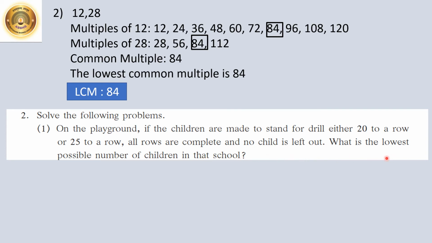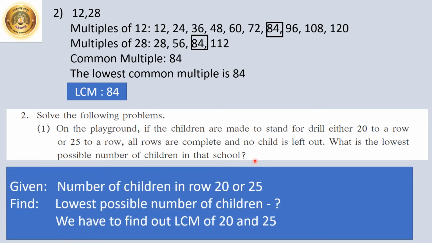What is the lowest possible number of children in that school? So students, what is given in the word problem? Number of children in a row, 20 or 25. What to find out? Lowest possible number of children. So for that we have to find out the LCM of 20 and 25.